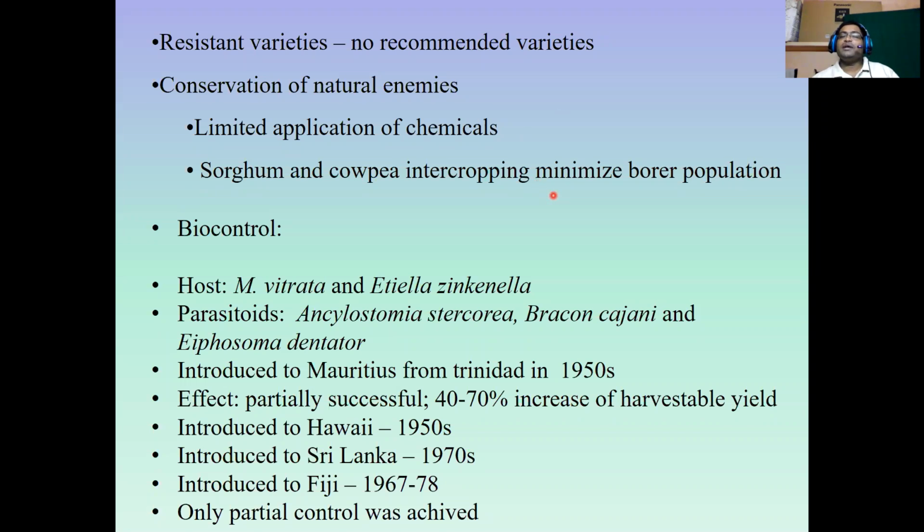Biological control is also there, for Maruca testulalis and Etiella zinckenella. Etiella zinckenella is another pod borer, also the green lentil pod borer, which you will study in the forthcoming slides. For these two, parasitoids are there: Apanteles taragamae, Bracon cajani and Eucelatoria dentata.